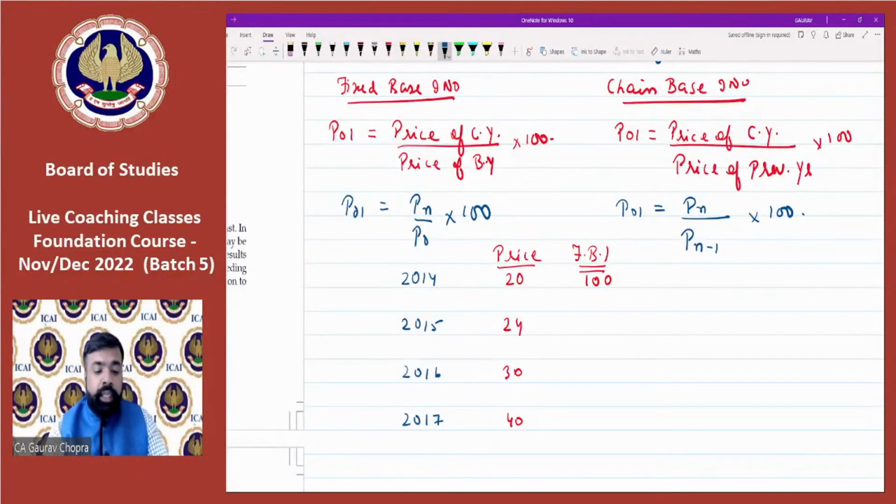This 20 is the price of the base year, P0. Now for 2015, the price is 24. This 24 is known as the price of the current year. So we calculate the index number as 24 upon 20 into 100. It comes as 120.